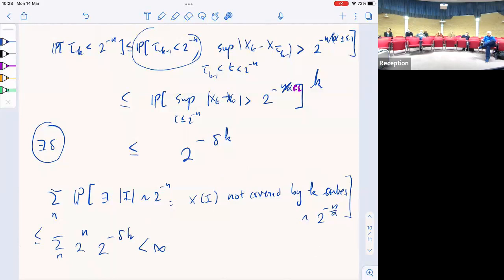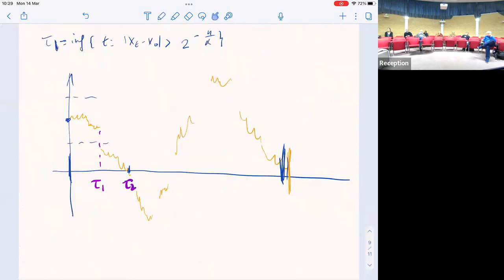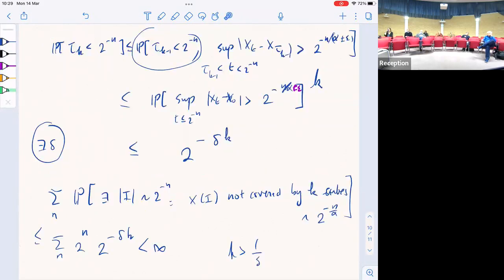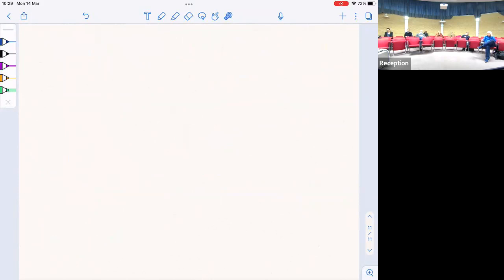The sum is finite. Borel-Cantelli tells us that for all the scales, actually for properly chosen k, k larger than essentially 1 over delta, all the dyadic intervals here are covered by at most k exit times. So the number is essentially the same as the number of dyadic intervals, which is 2 to the n times k. All right, so this gives us the upper bound.